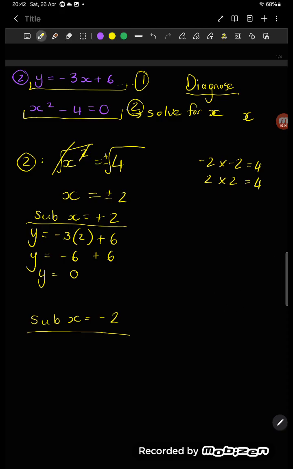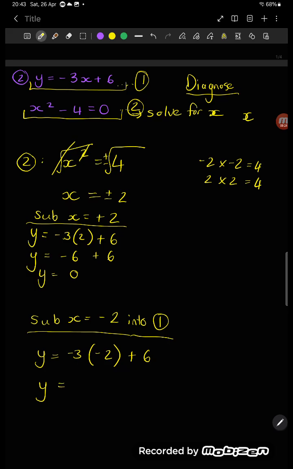Okay, so substitute x is equal to minus 2 into 1, into equation 1, and we got y is equal to minus 3 times a minus 2. The brackets are wonderful. They stop you from losing pluses and minuses.